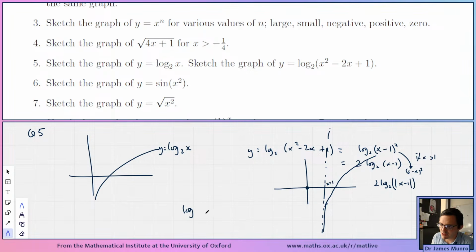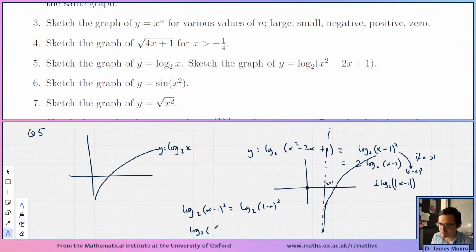It's because log base 2 of x minus 1 squared is equal to log base 2 of 1 minus x squared. These things are true. These are both fine, because we're taking log base 2 of a positive quantity.